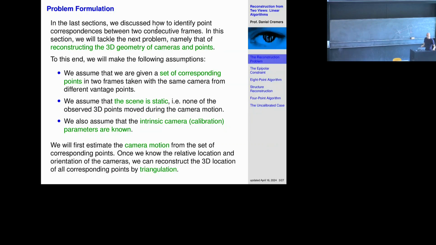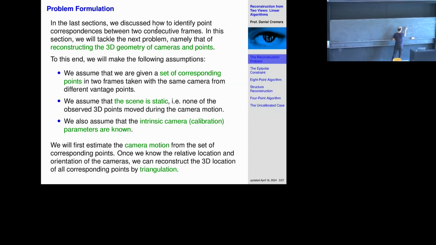Once you know the relative motion, just to introduce a third term here, there is a term called triangulation. It's written on the slide. That is, if you know the camera motion, so you know how the cameras are facing, then you need to estimate the 3D position. Well, if you know the exact camera motion and you know the exact correspondence, then the problem is easy.